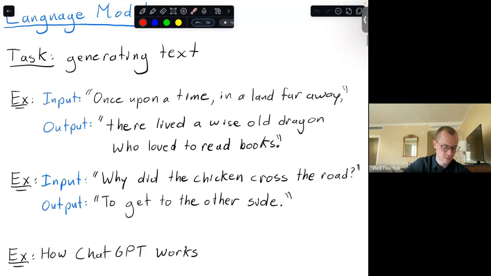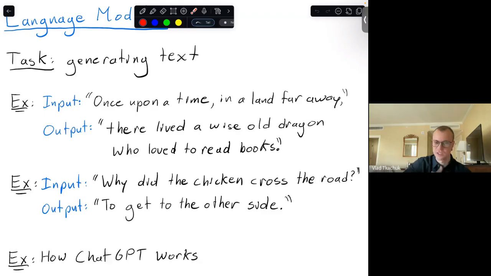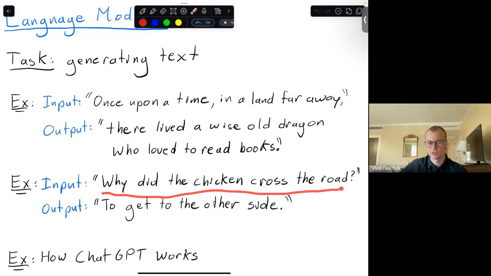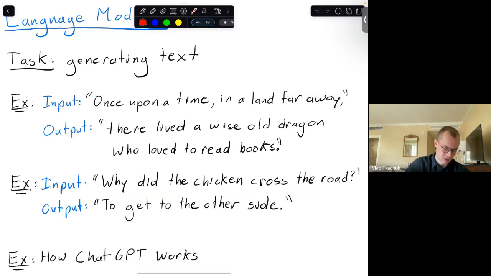Another example is that you might input a question and hope for a response that answers it. The question we're going to use throughout this lecture as an example is, "Why did the chicken cross the road?" Remember that question, we'll see it a lot. And maybe the correct answer is the classic response, which is "to get to the other side."